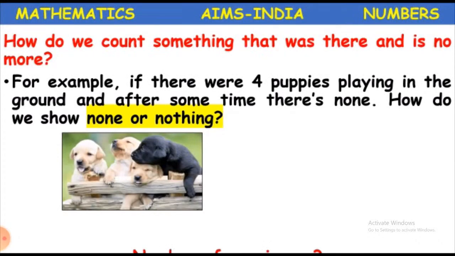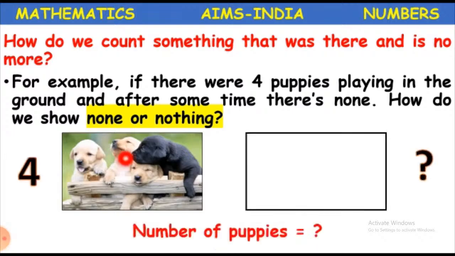Now how do we count something that was there and is no more? For example, let us look at this picture here. There are 4 puppies playing in the ground. And there 1, 2, 3, 4. There are 4 puppies playing in the ground.